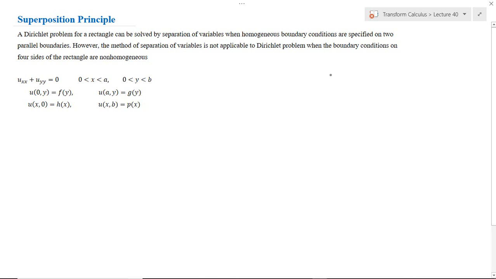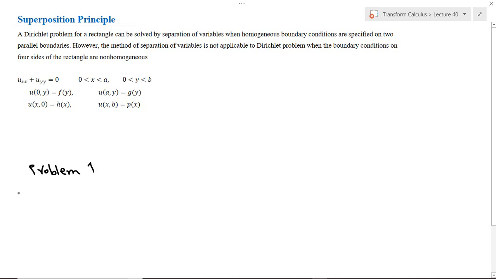If you have a boundary value problem like this, where 4 or maybe 3 boundary conditions are non-homogeneous, what you have to do is make 2 problems. The first one is problem number 1.